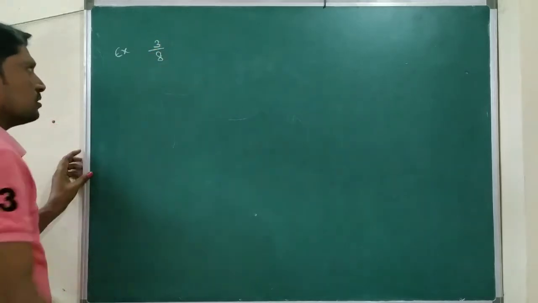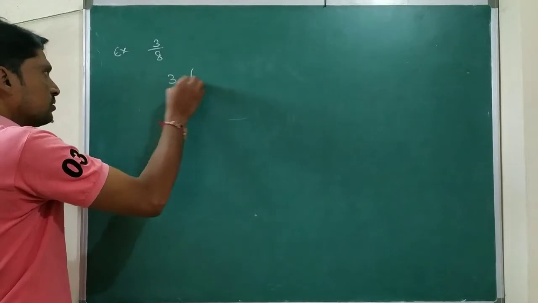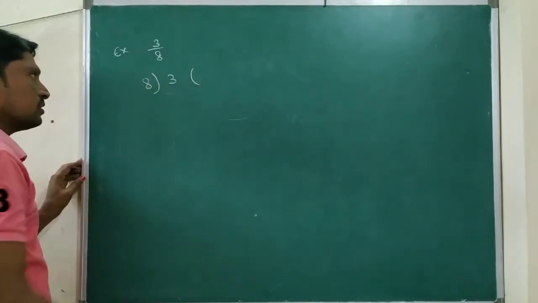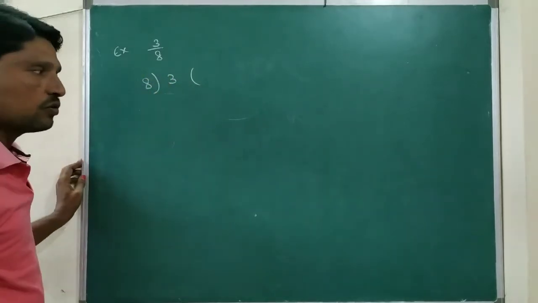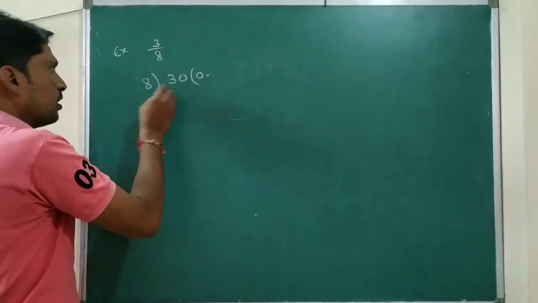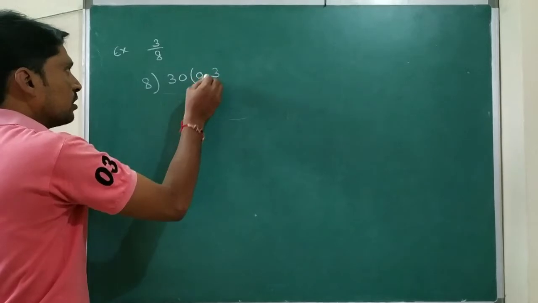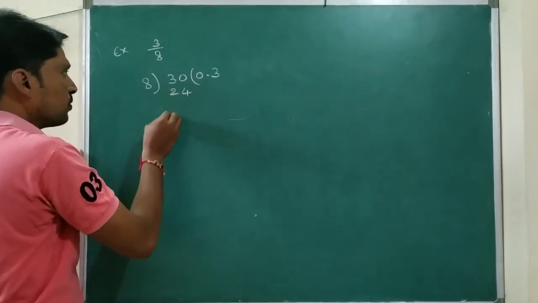3 by 8. 3 divided by 8. Now you can take the division with 8. 8 table to 3 is not possible, so you can take the point 0 here. 8 4s are 32, 8 3s are 24.